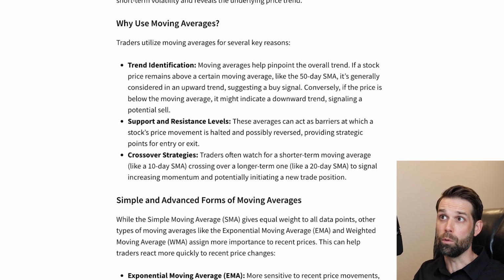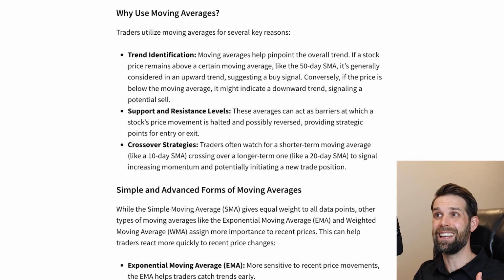In terms of using these averages, trend identification is the big one. These moving averages help pinpoint the overall trend. So if a stock price remains above a certain moving average, say you've got the 50-day moving average on a chart and the price is currently above that, what that's telling you is that the price right now is above what the average has been over the last 50 days.